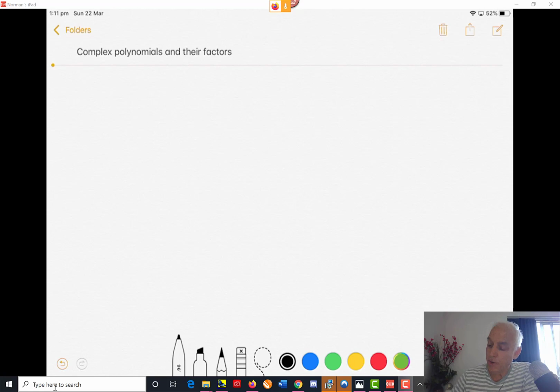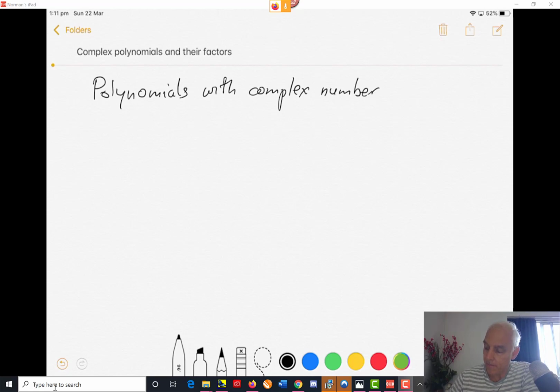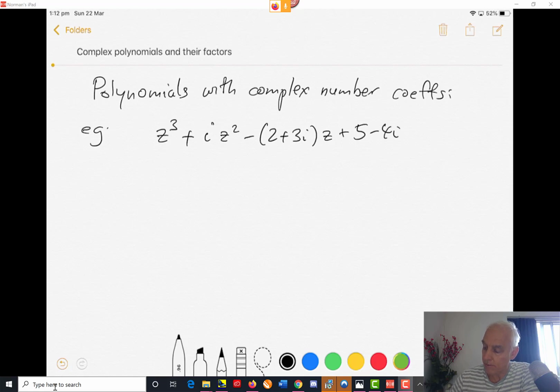So we're talking about polynomials with complex number coefficients. For example, something like maybe z cubed plus i times z squared minus 2 plus 3i times z plus 5 minus 4i.